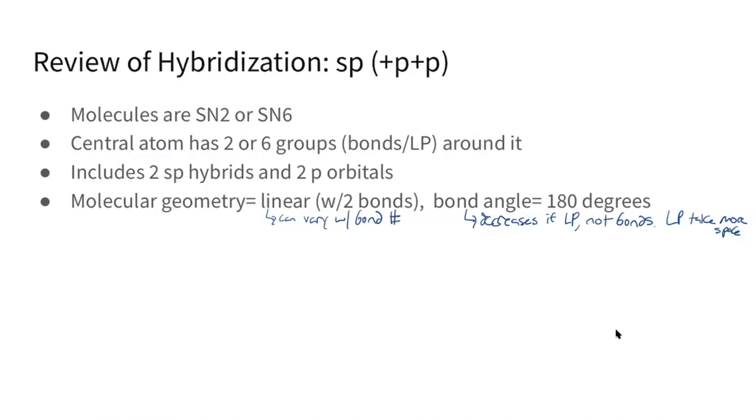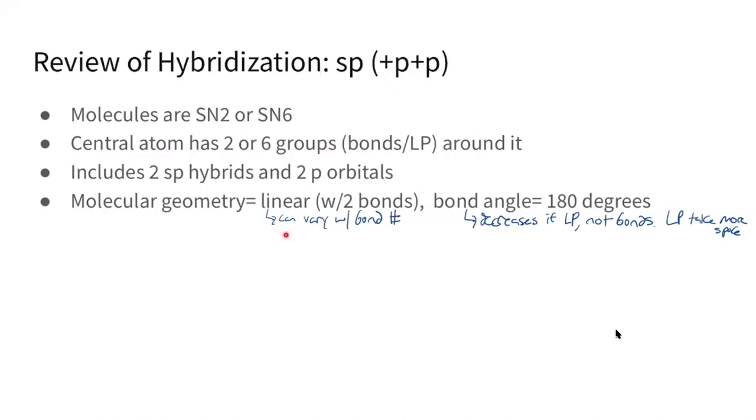In sp hybridization, we have 2 sp hybrids and 2 p orbitals. That's where the plus p would come in. The molecular geometry for this hybridization scheme is typically linear if you have 2 bonds. Remember that when I say 2 to 6 groups, that could be a bond connected to an atom, or it could be a lone pair.